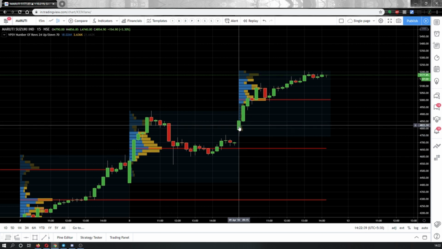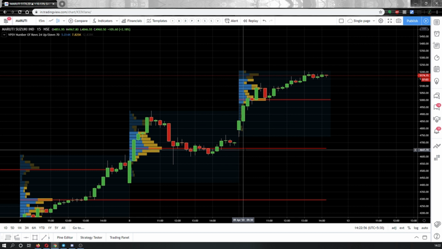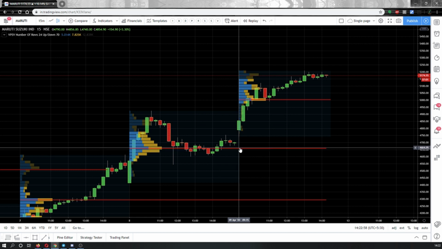This green candle is the first 15-minute candle for today, that is 9th of April 2020. By seeing the first green candle, obviously you get a sense that Maruti is in a bullish mood right now. The second thing that you should notice is the previous day's POC, which is acting as a support.